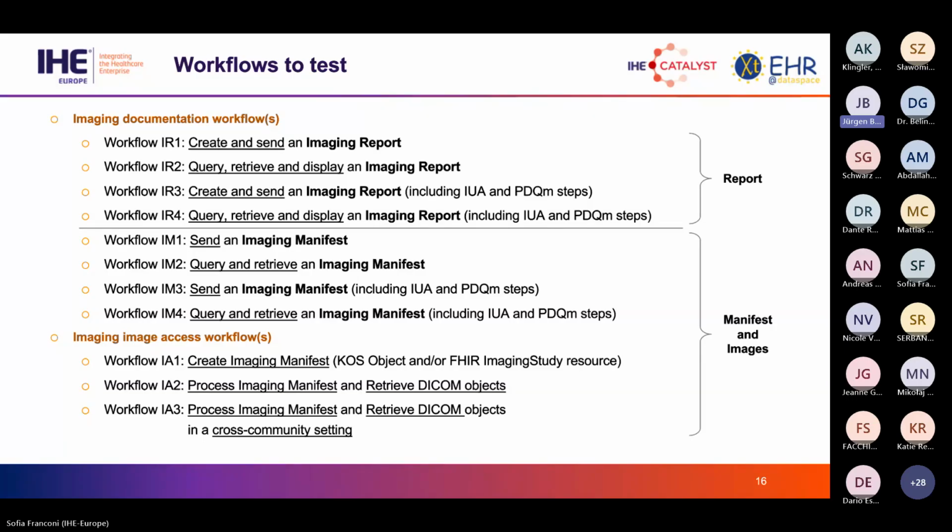So you have it already in your hands because you have queried and retrieved it in IM2. And then you process it and start retrieving the DICOM objects. And that's the IA2, that's MADO. And IA3 is the same, but in a cross-community setting, meaning that's XC-VADO. Next slide, please.